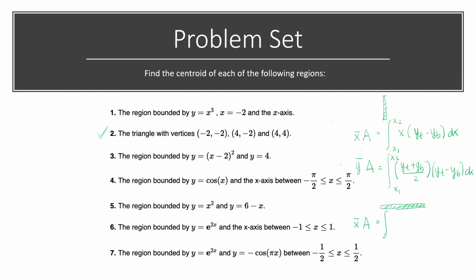So in bar x, from y1 to y2, that would be x right plus x left all over 2, and then x right minus x left dy. Then for bar y, area would be equal to still the same y1 to y2, but this time it's y times x right minus x left dy.